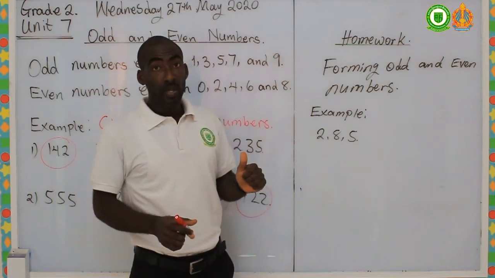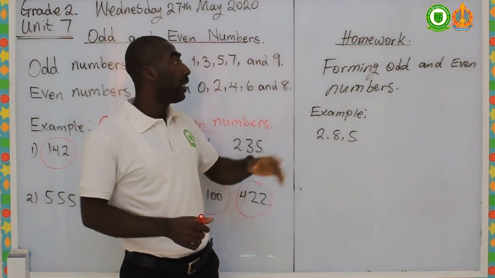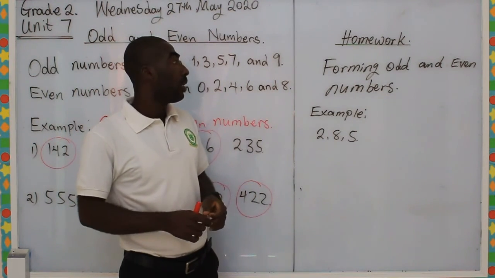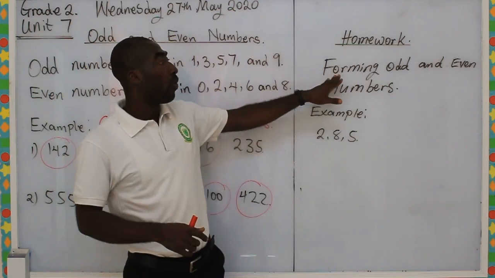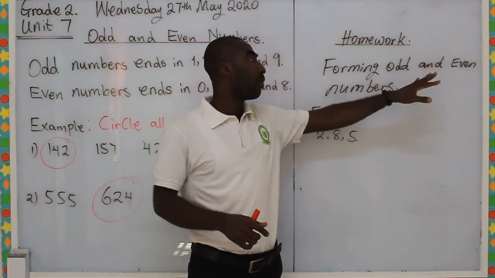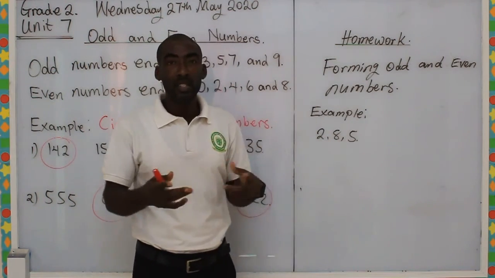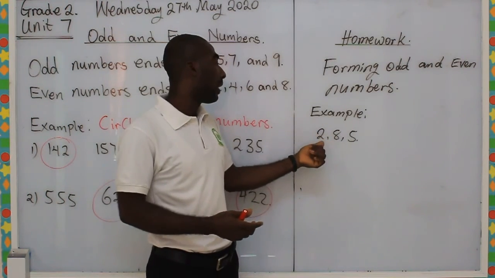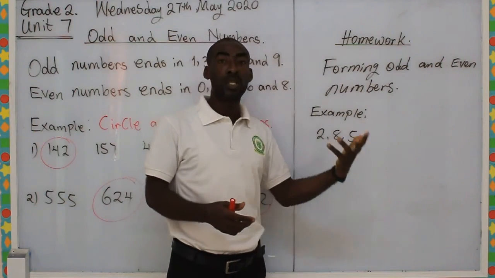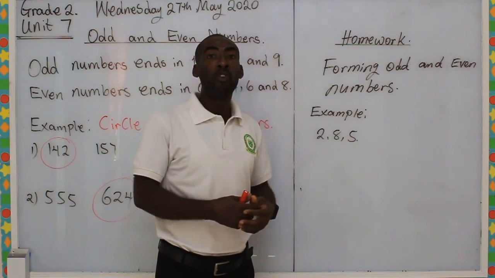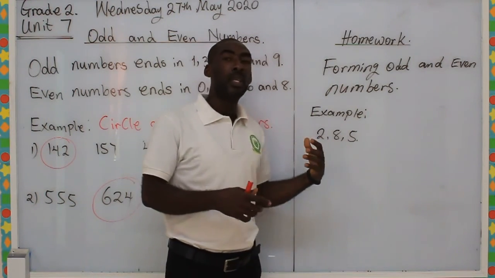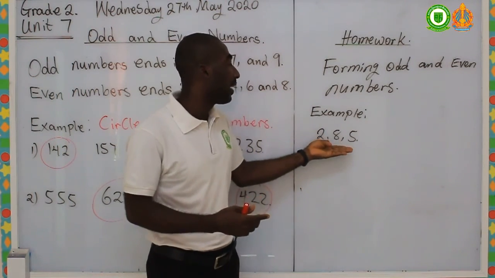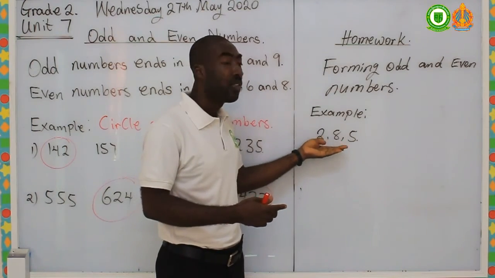To close our lesson today, we will have a homework which is also going to be in the form of a word problem. You're going to form odd numbers and even numbers depending on the instruction of the question that you have. For example, if you have 2, 8, 5, the question can ask you to form the greatest or the biggest possible odd number that you can form out of these 3 digits.